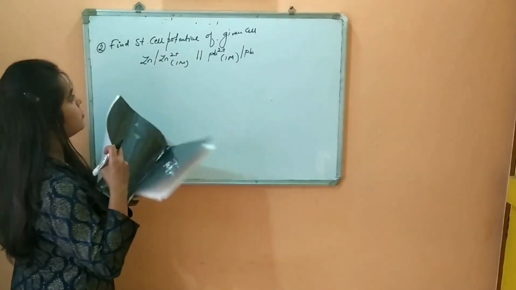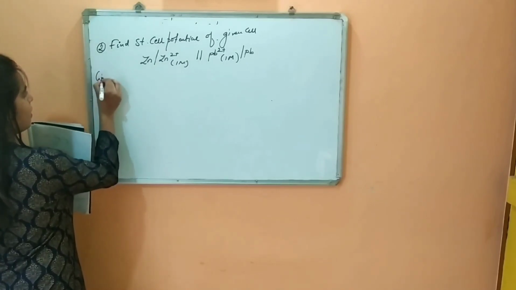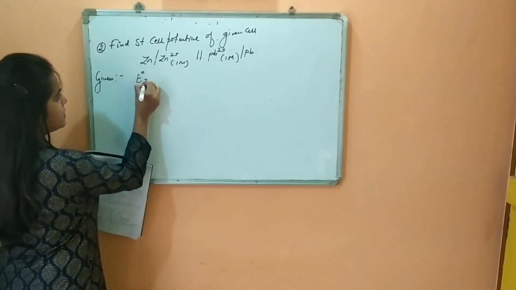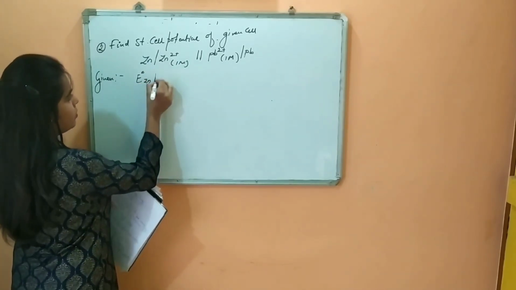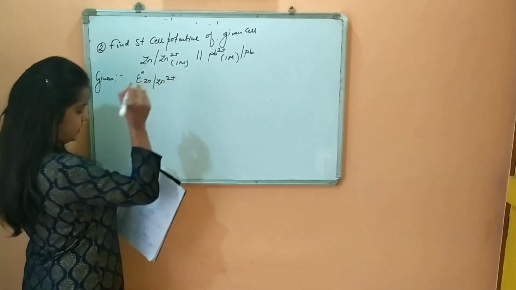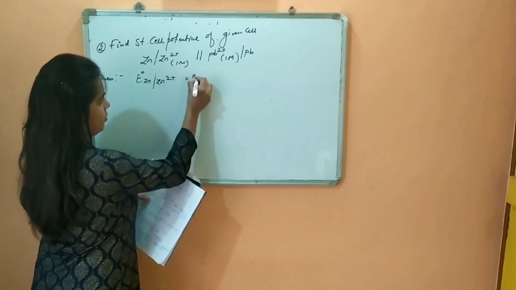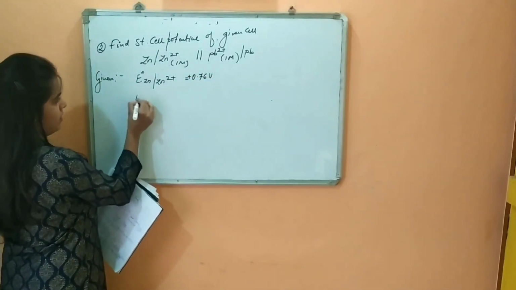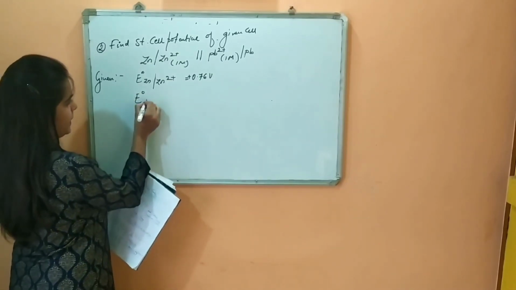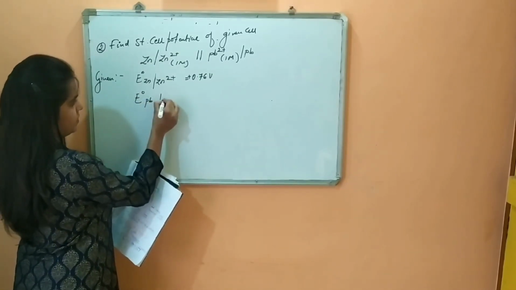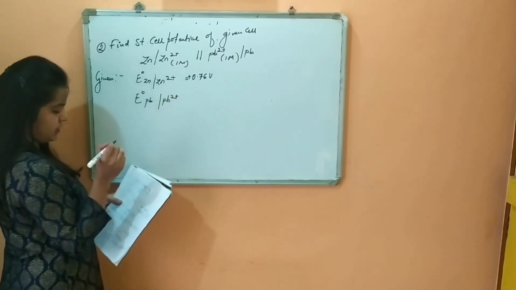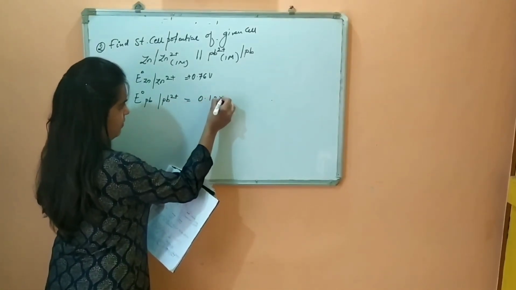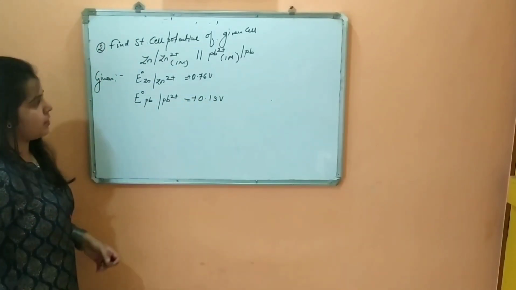They have also given some data. Given E0 of Zn to Zn2 plus is given plus 0.76 volt. E0 of Pb to Pb2 plus is plus 0.13 volts.